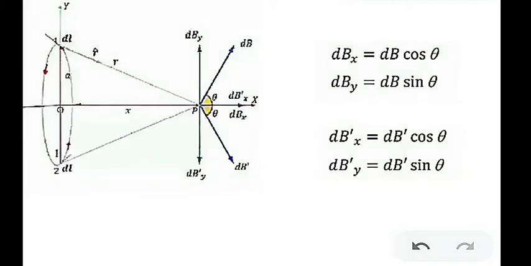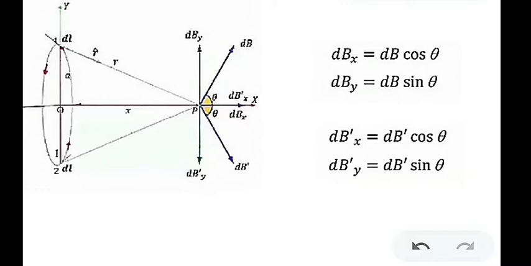Now the magnetic fields dB and dB dash are equal in magnitude. These two magnetic fields dB and dB dash resolve into two components. First component along the direction of x-axis, dBx, that is dB cos theta, and dBy, dB sin theta.